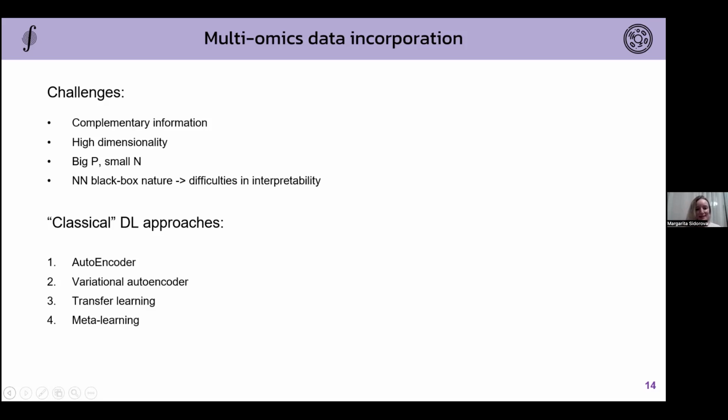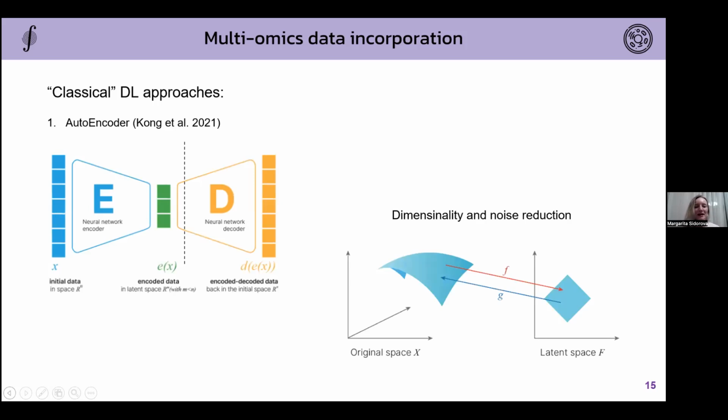So the classical DL approaches to decrease dimensionality are autoencoder, variational autoencoder, transfer learning, and meta-learning. And let's discuss these methods a little bit, not in the context of survival, but how they work, at least some intuition. So, autoencoder.